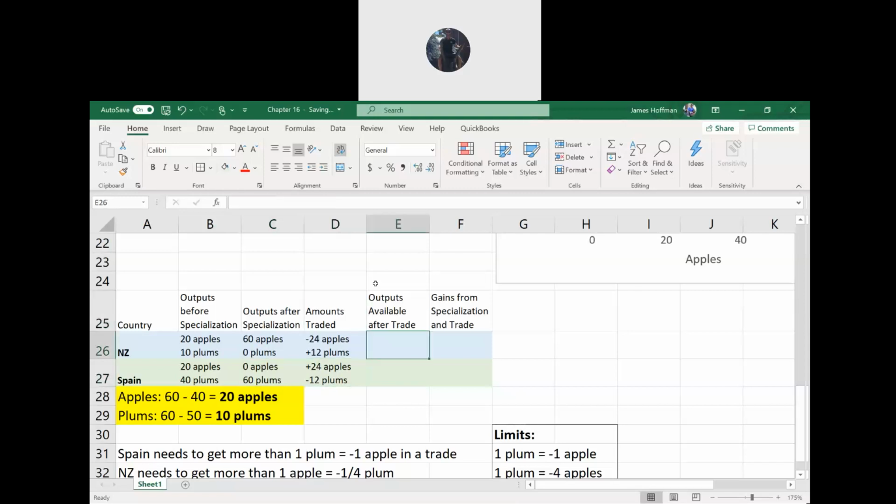Now let's look at what's left over for both goods for both countries after the specialization and trade. So basically, 60 minus 24 is 36. All right, and then 0 plus 12 is 12 plums.